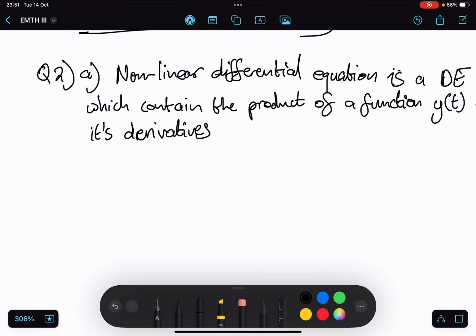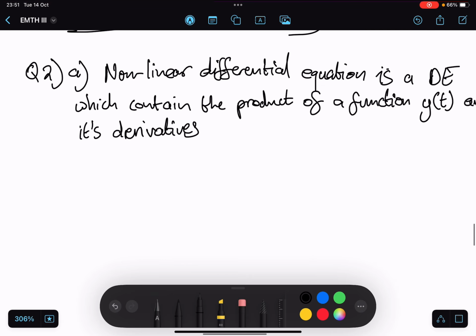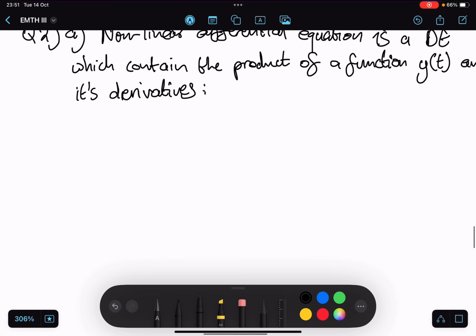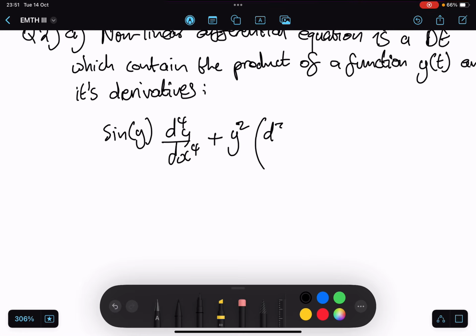So an example of a nonlinear differential equation can be sin y d4y/dx4 plus y squared (d2y/dx2) cubed is equal to 0. So this is an example of a nonlinear differential equation.